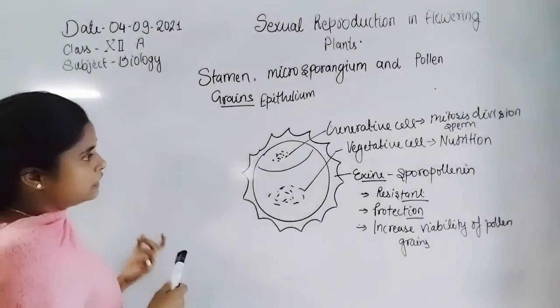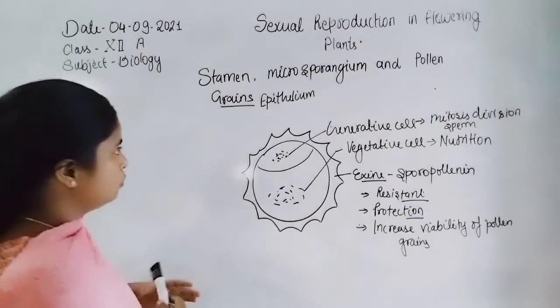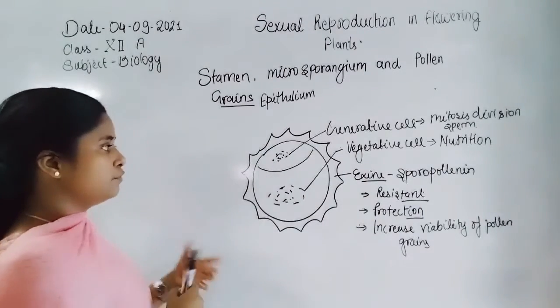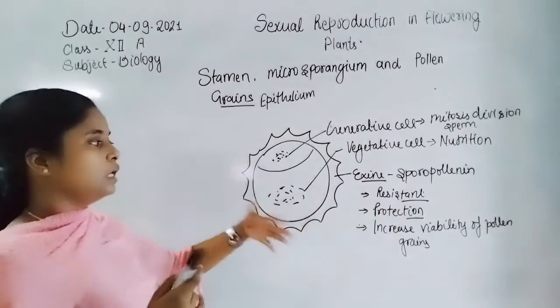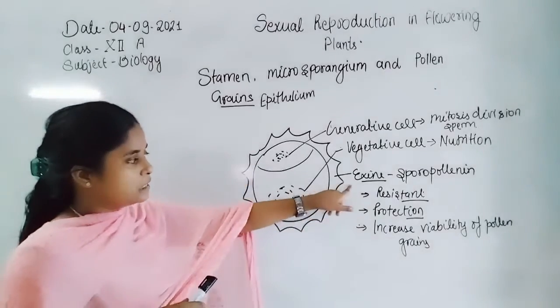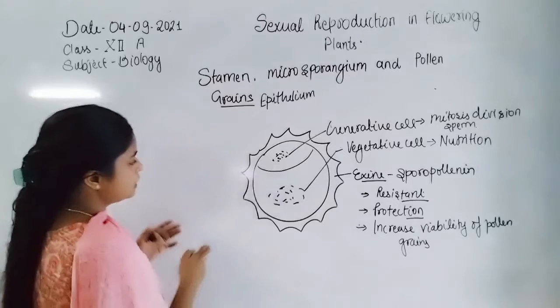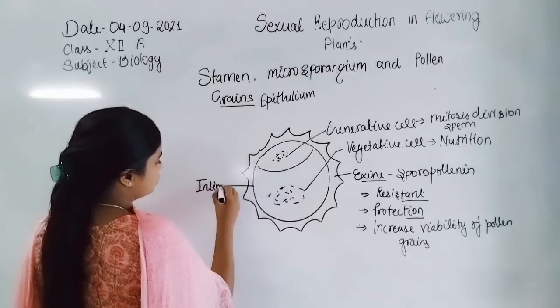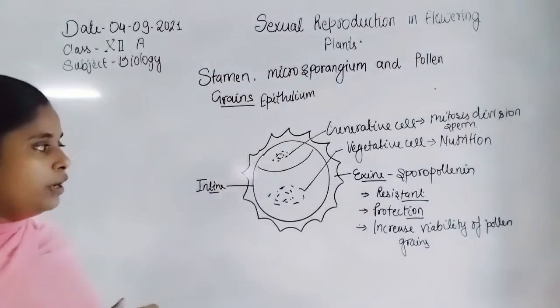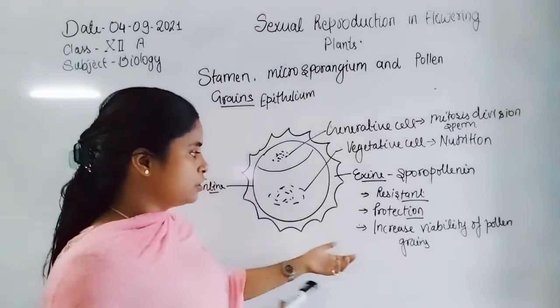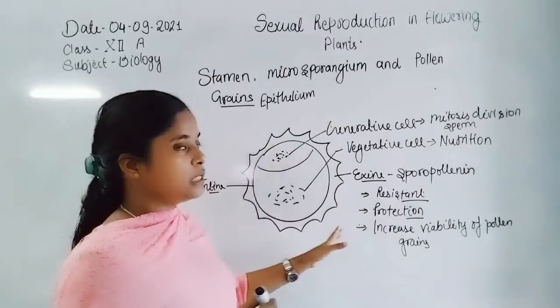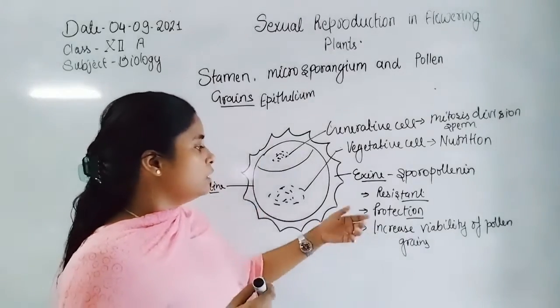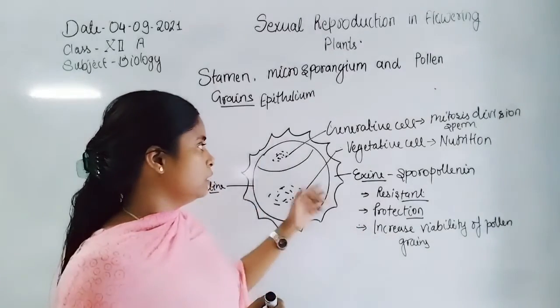So overall, these are the characteristics of the pollen grain, which is formed by sporopollenin. The outer membrane is exine and the inner membrane is intine. Exine helps in protection. It protects the generative cell and vegetative cell and increases the viability of the pollen grain.